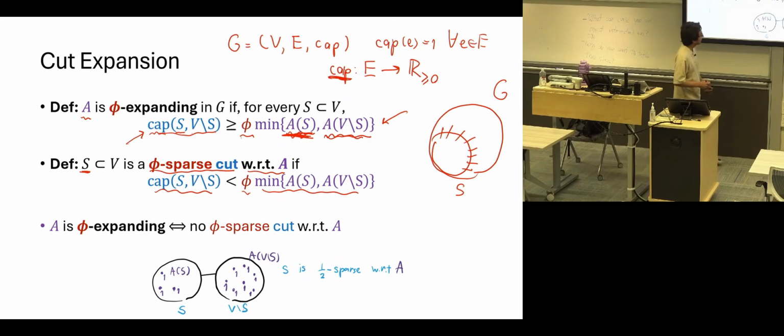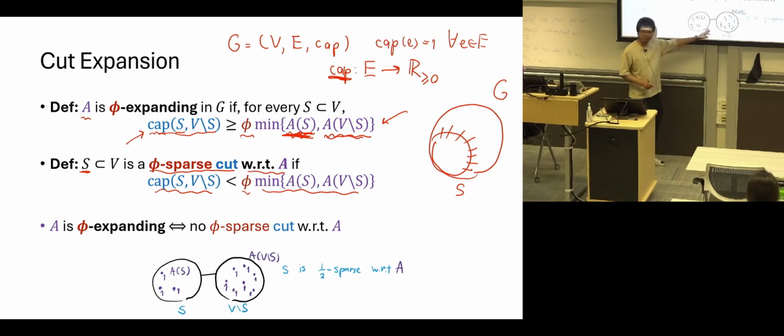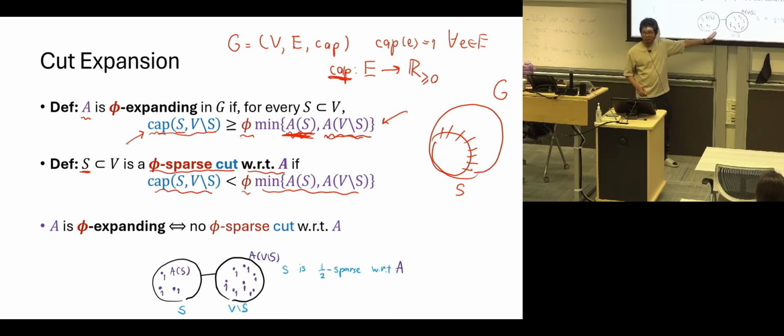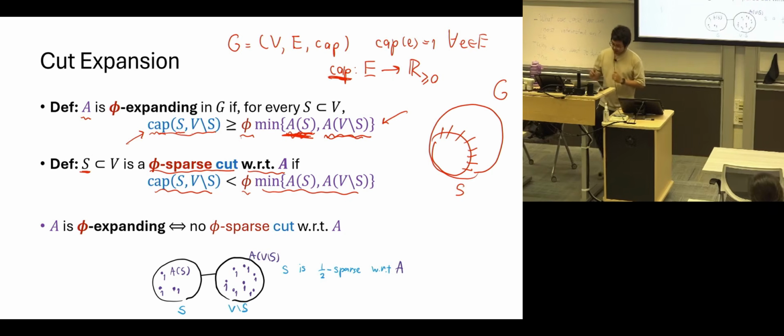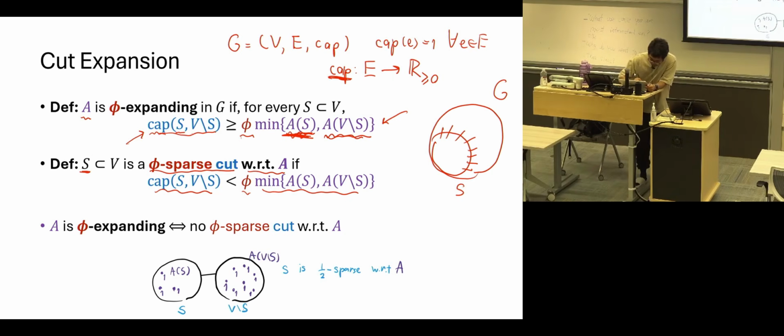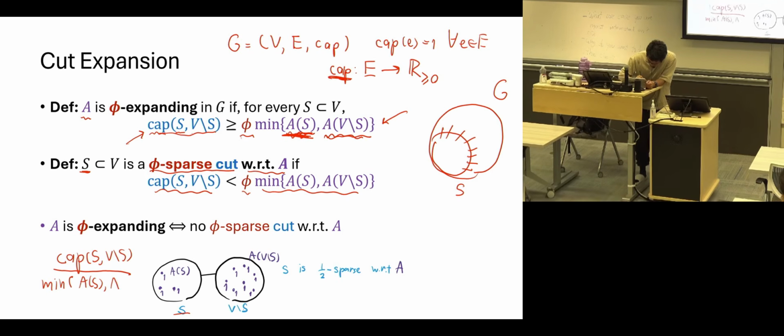So is this example clear? This is a place where you need to make sure that you understand the definition. Basically you look at the cut, and then you look at the capacity of the cut over the minimum of the size of A on both sides.